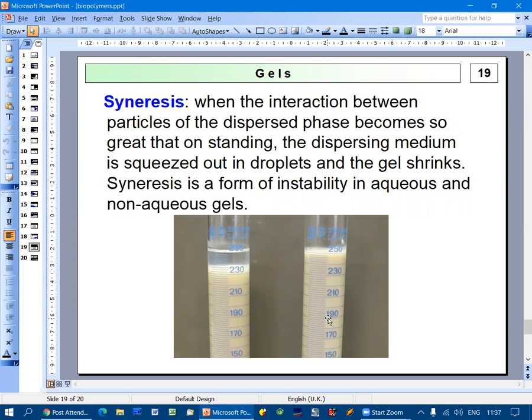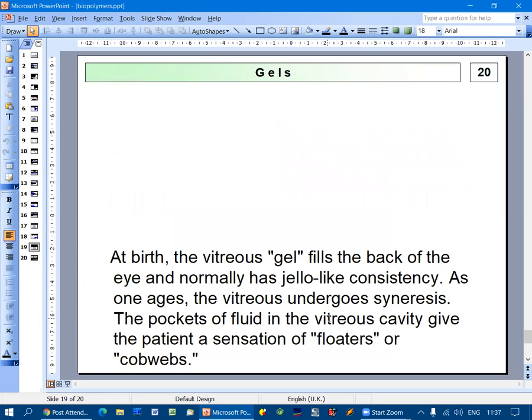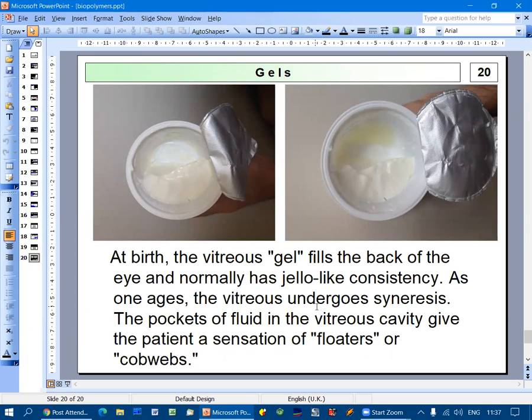Such a process, syneresis, occurs when bread or jelly dries up, and this is a well-known example from our everyday life.